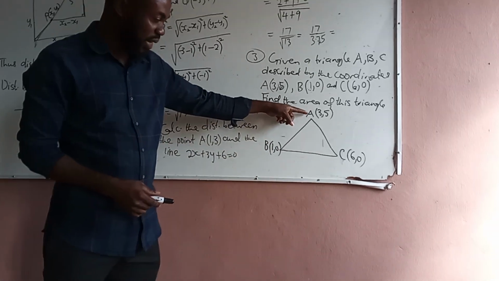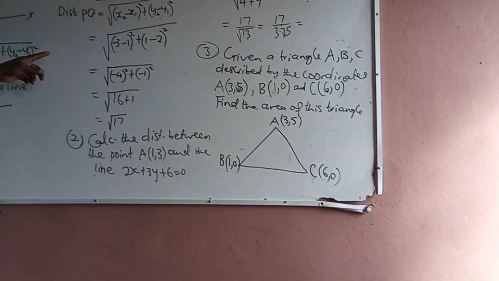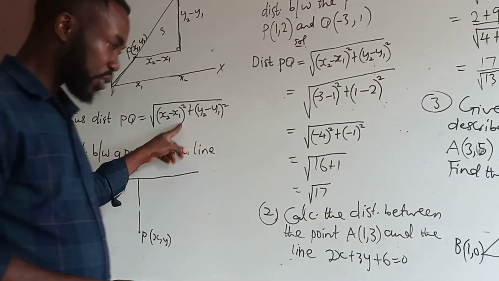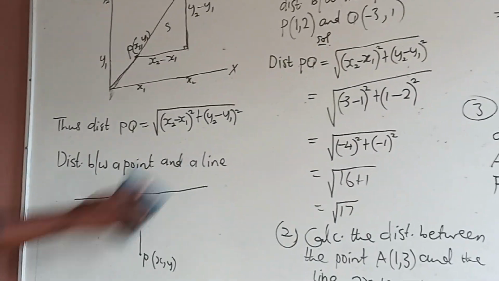How do you find the length of the line AB? You use the formula, distance between them. So you now find the distance AB.